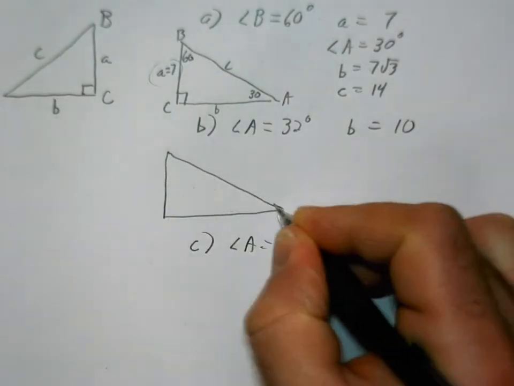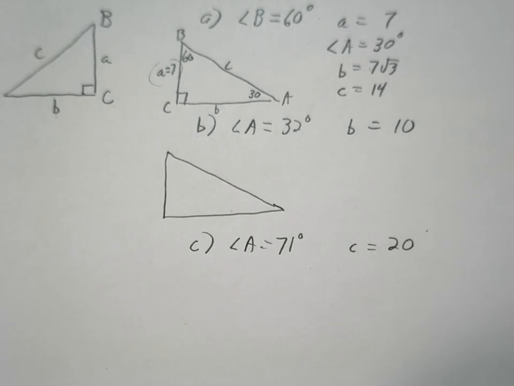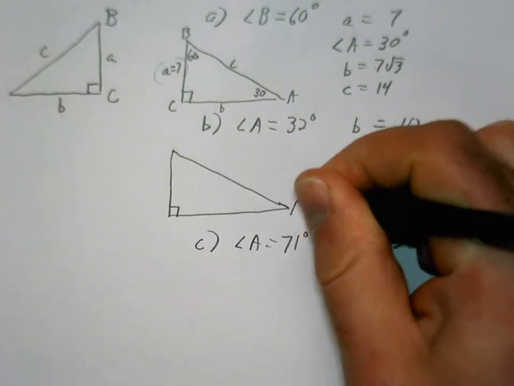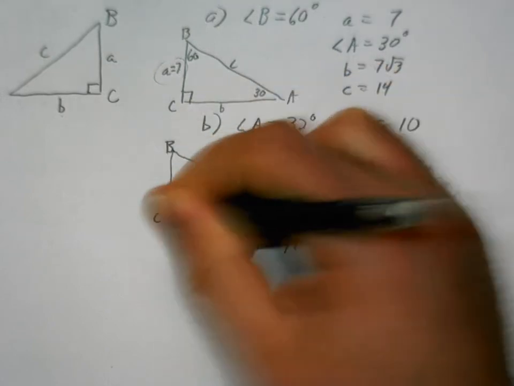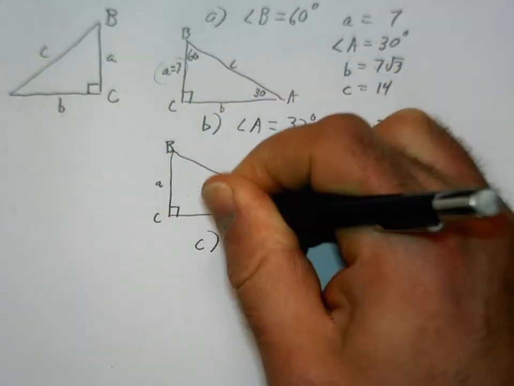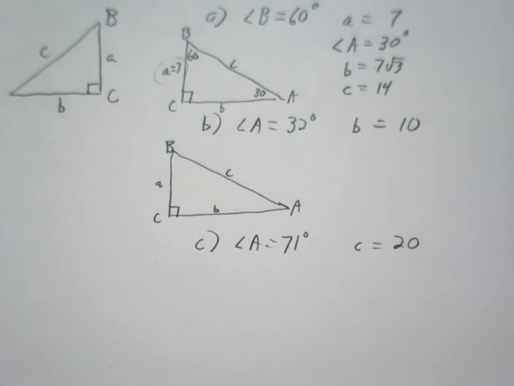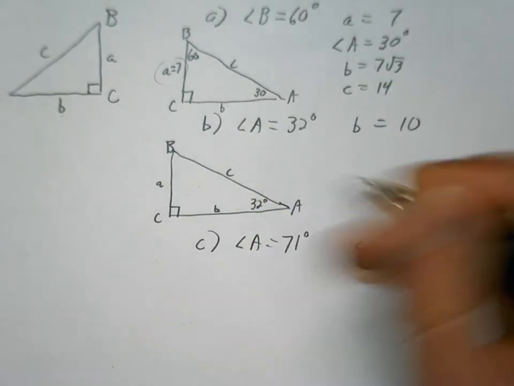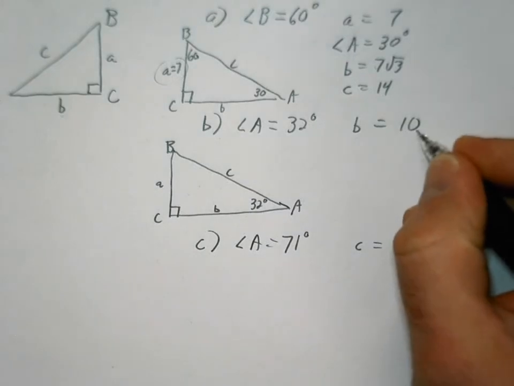Draw this triangle. I don't know why I'm drawing it in the opposite direction, but it doesn't really matter. Little a, little b, little c. Okay, so angle A is 32 degrees and side B is 10.